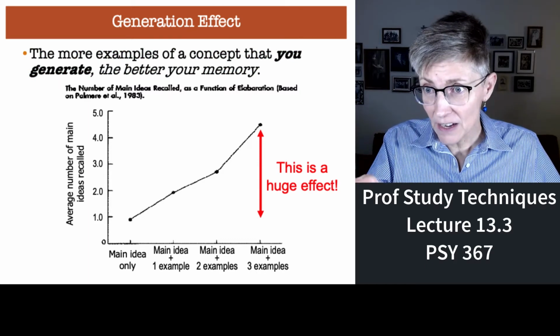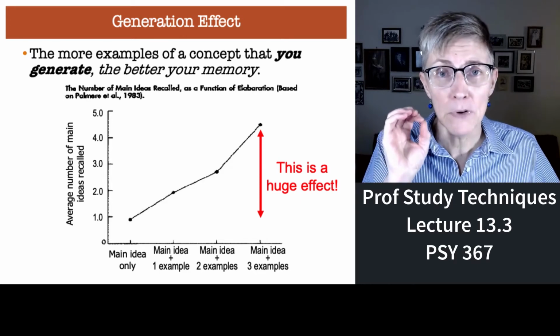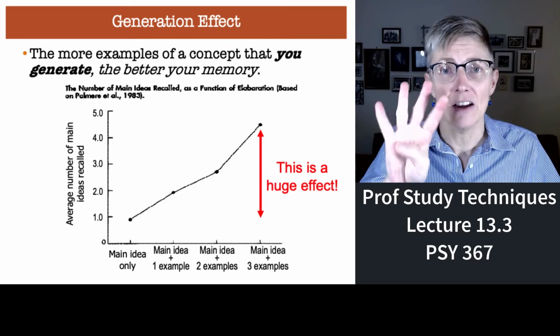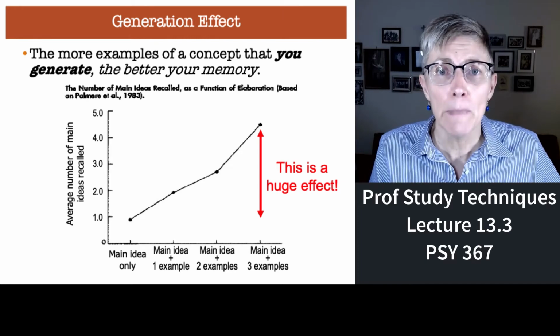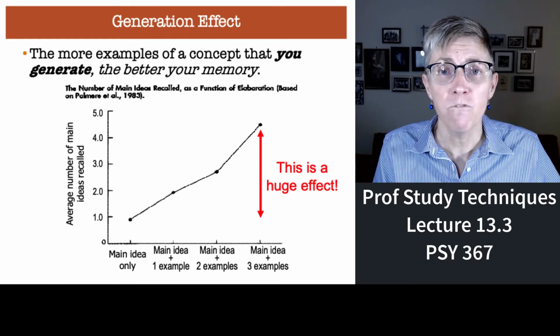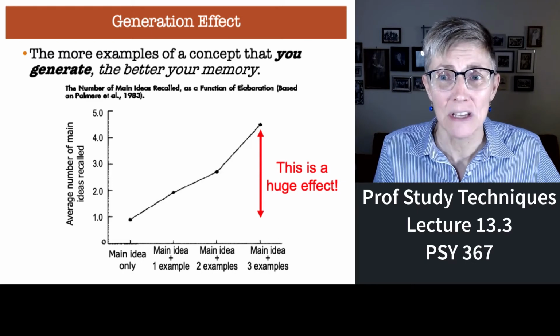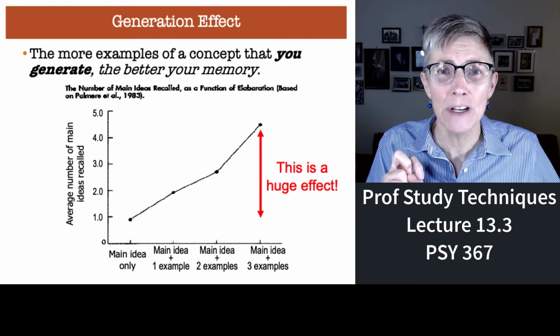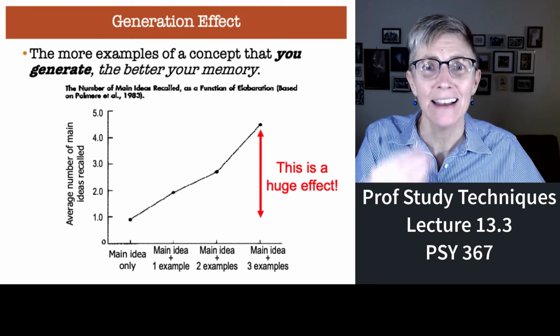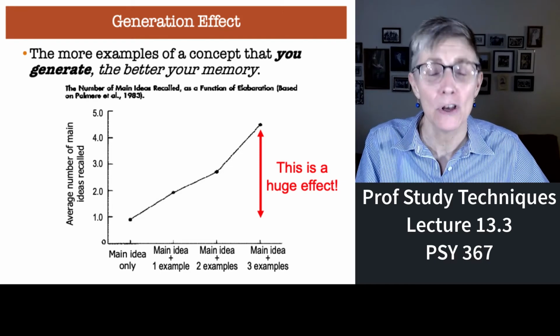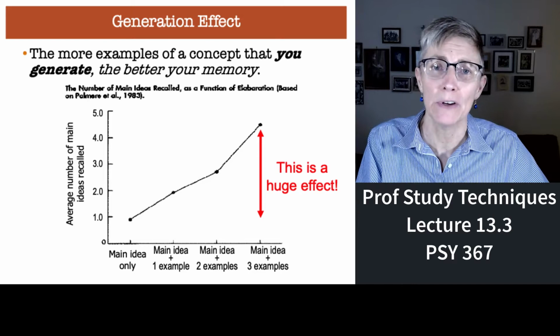Can you see there that if people remembered the main idea and generated 3 examples of that idea, their memory increased 4 times. 400% improvement in memory if you generate 3 examples over just remembering the main idea.